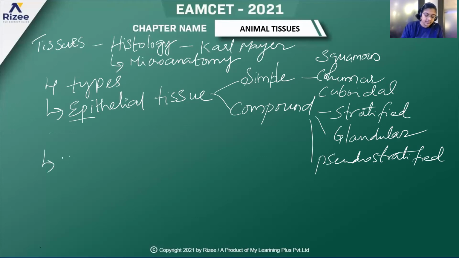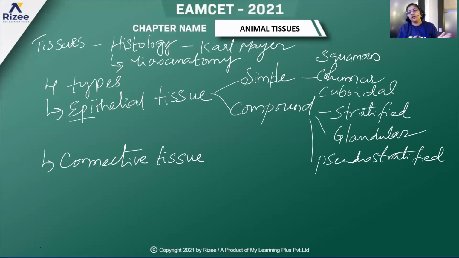The next type of animal tissue is the connective tissue. The name itself indicates that this tissue helps in forming connections or connecting channels from one tissue to other tissues.